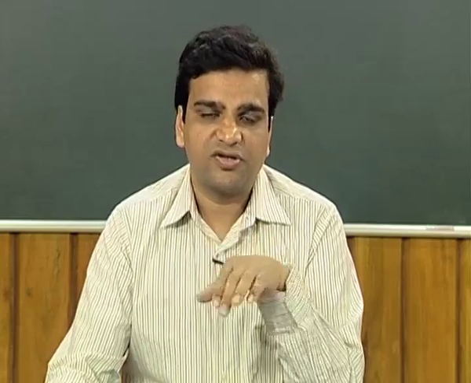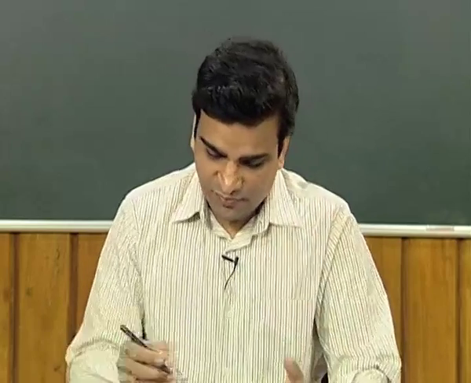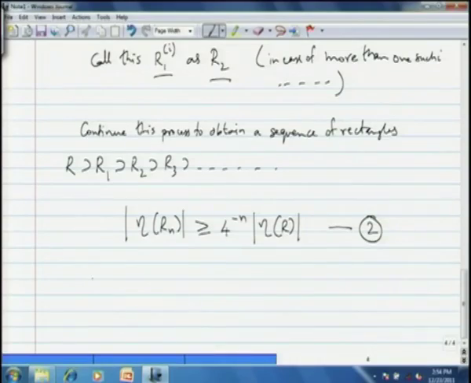So they converge to a certain point because their intersection is non-empty. We will say that these rectangles converge to a point z star, which of course is inside the rectangular region R.